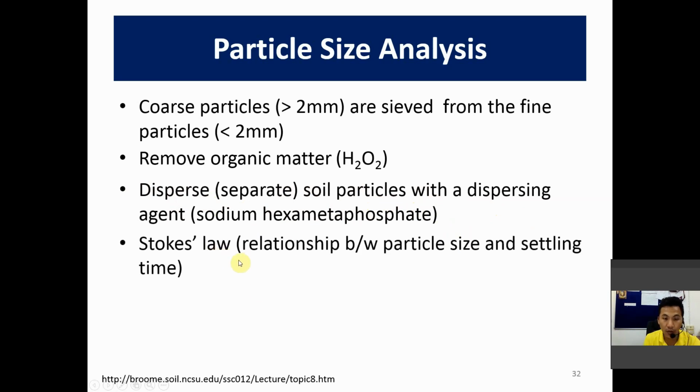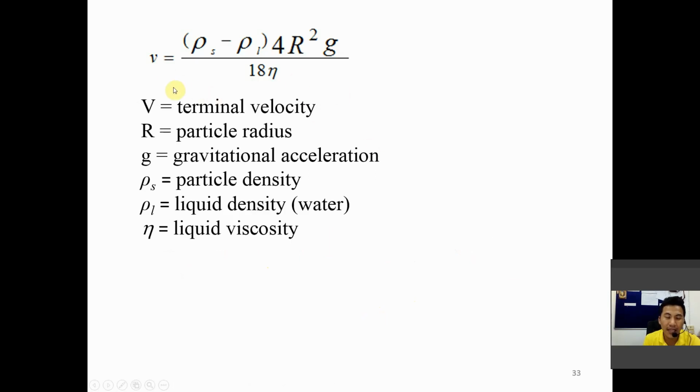And we have to apply Stokes law to identify the particle size. Stokes law is nothing but the relationship between particle size and settling time. And here's how it looks. Once you apply Stokes law, this is a function of velocity when the particle sinks down to the bottom of your container containing the liquid medium.